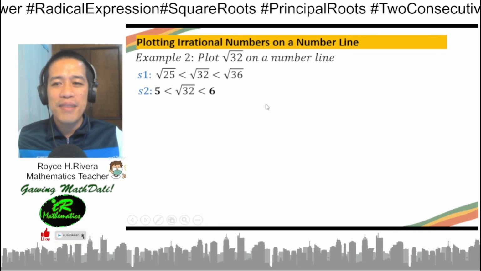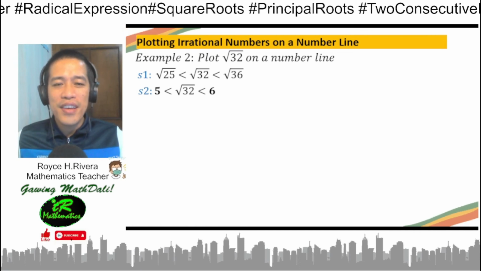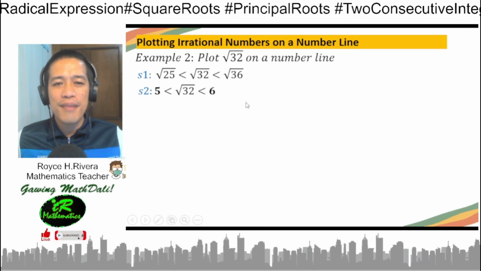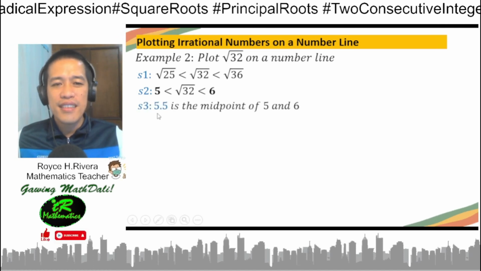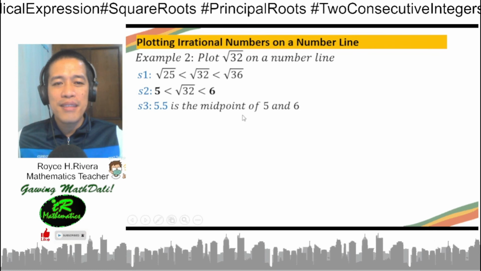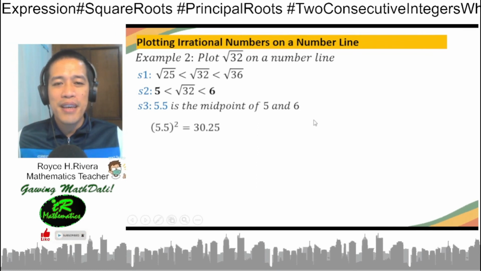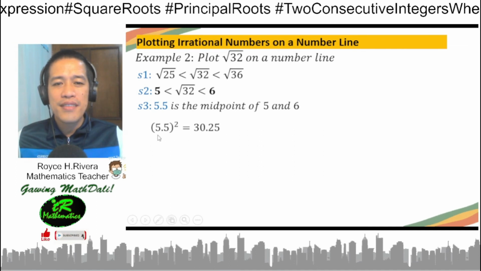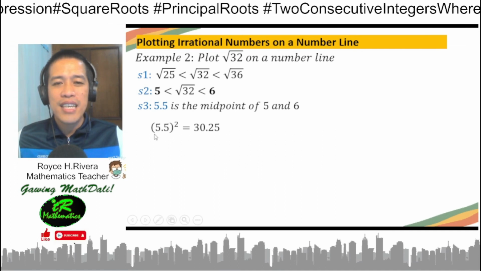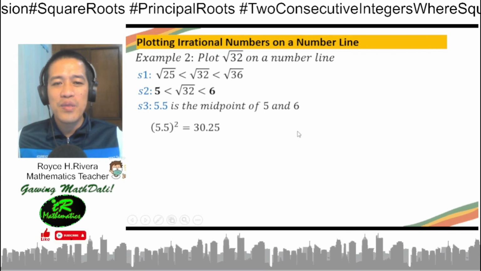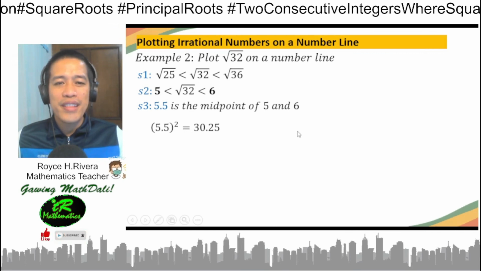Then step number 3, we get the midpoint and square the midpoint of 5 and 6. 5.5 is the midpoint of 5 and 6. Then we square 5.5. So we will have 5.5 quantity squared, that is equal to 30.25.